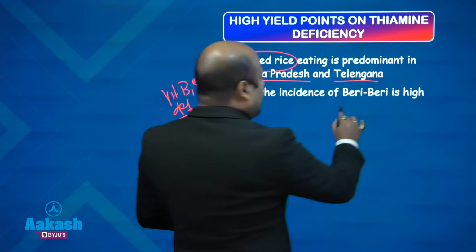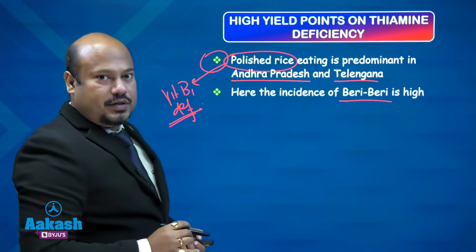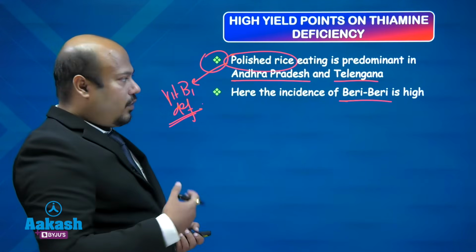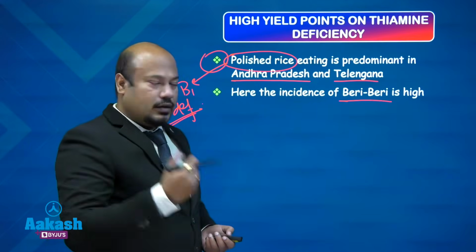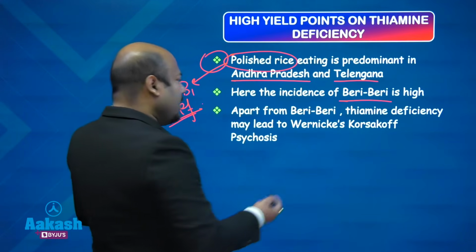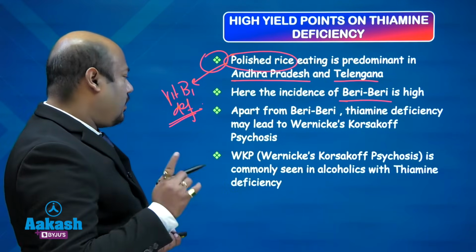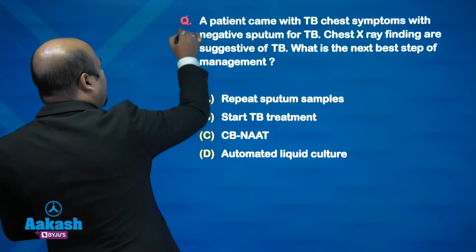And here the incidence of beriberi is very high. So this can be a distribution based question in the future PGs, okay? Andhra Pradesh, Telangana, polished rice consumption. Which of the following can be the disease? What is the answer? Beriberi. Deficiency of which vitamin? Vitamin B1, thiamine. Apart from beriberi, thiamine deficiency can lead to Wernicke-Korsakoff psychosis in whom? In alcoholics.